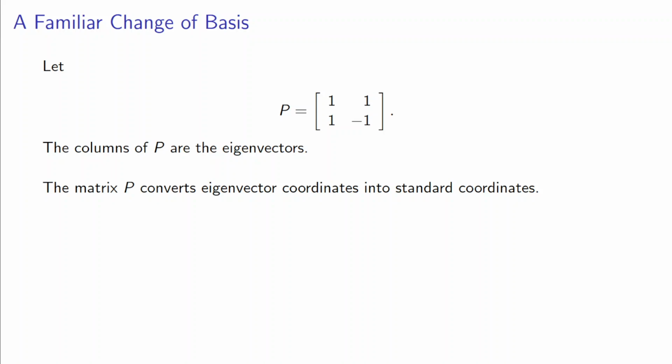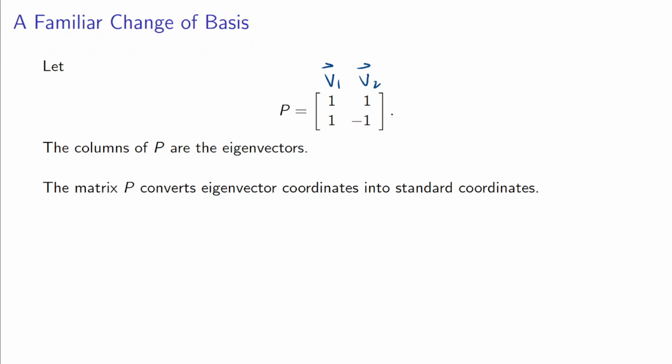And this can lead us to this idea of a change of basis. We saw this in a previous section, and we're going to be exploring this further in this chapter as well, but just to get the conversation started, if we introduce this matrix P, where the columns are the eigenvectors, so the first column is v1, the second column is v2. Those are the eigenvectors we just found.